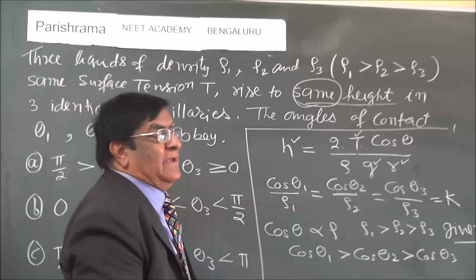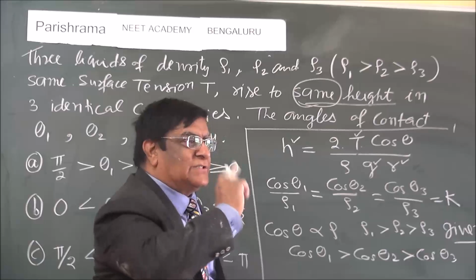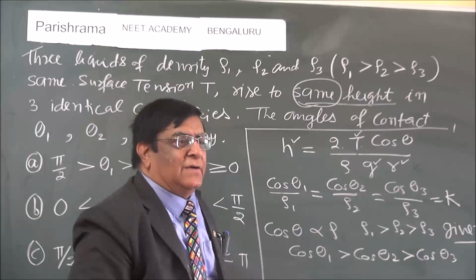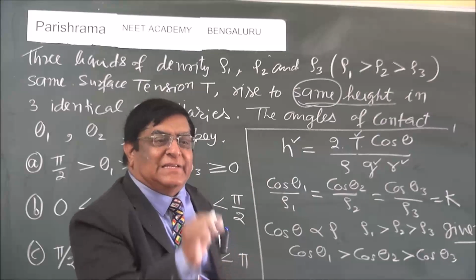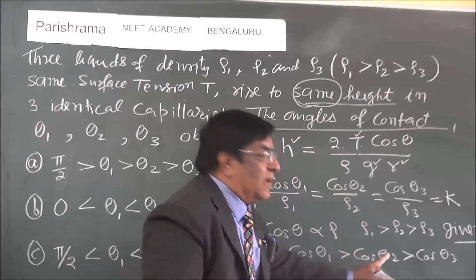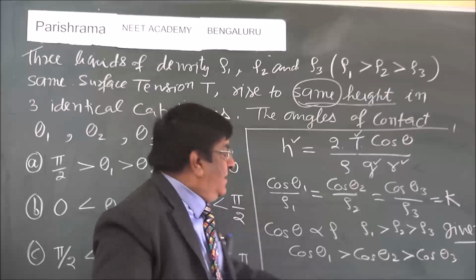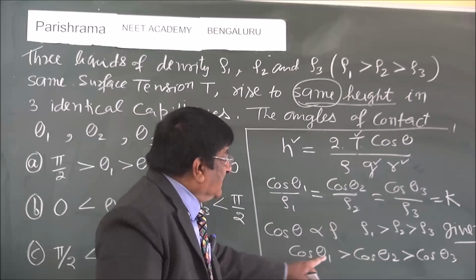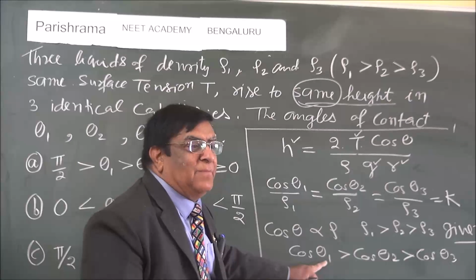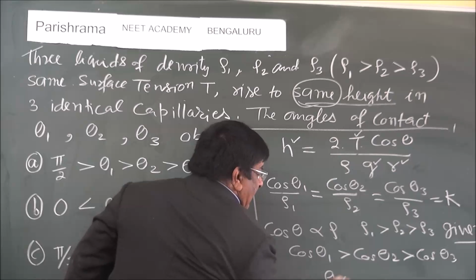Now you tell me, if the cos is increasing towards 1, what is happening to theta? Yes. Theta is 0, cos theta is maximum. So if this is the relation of cos theta, what will be the relation of theta? When cos is maximum, theta will be minimum. So we have here theta 1.